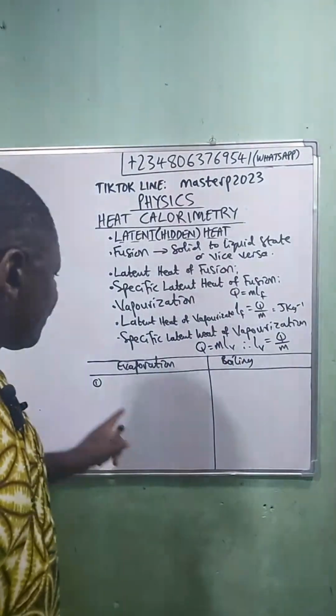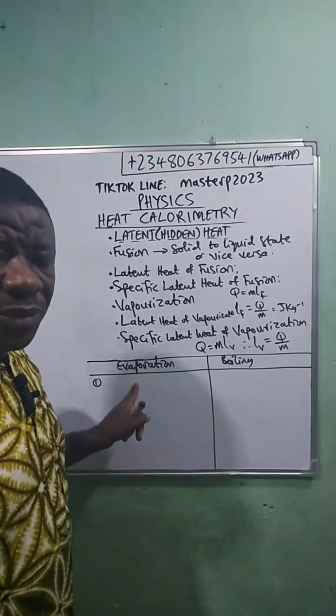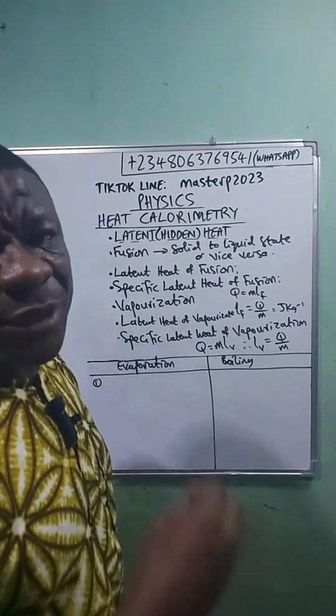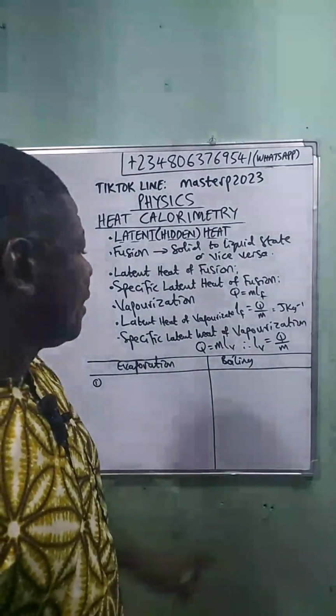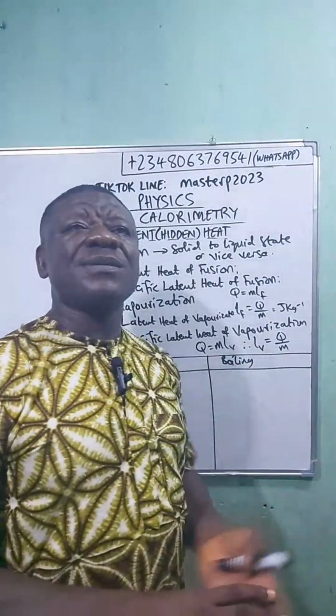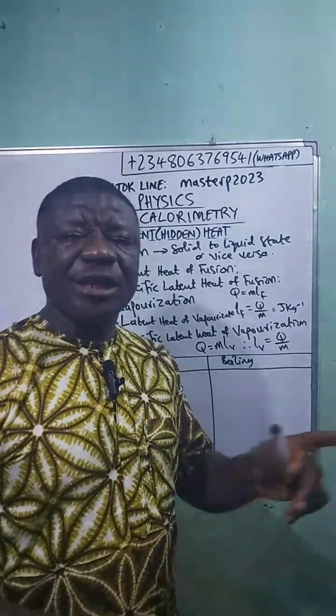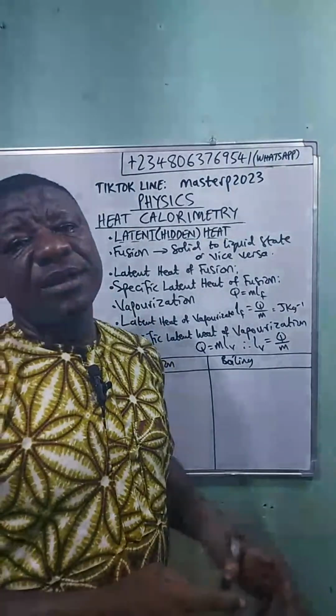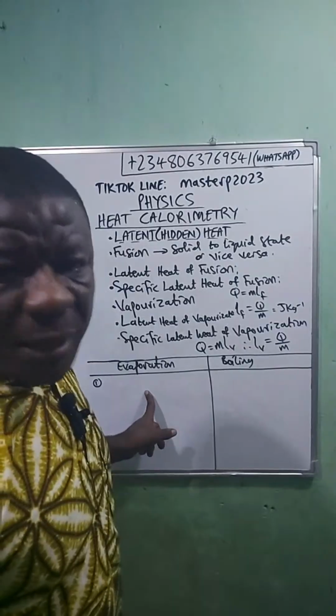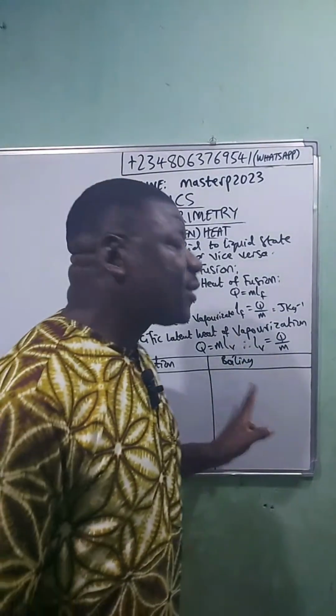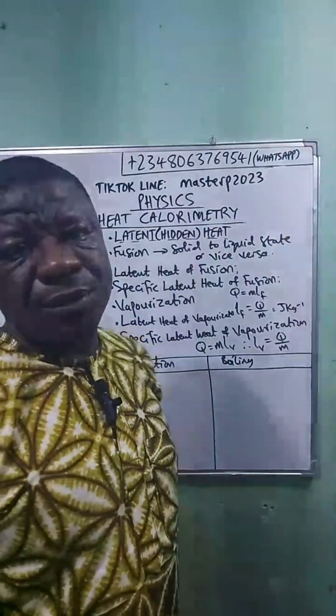I'll repeat again. Evaporation is a process where a substance changes from the liquid state to the gaseous state below the boiling point. But boiling is the process whereby a substance changes from the liquid state to the gaseous state at the boiling point. Evaporation occurs at all temperatures, but boiling occurs at a particular temperature.